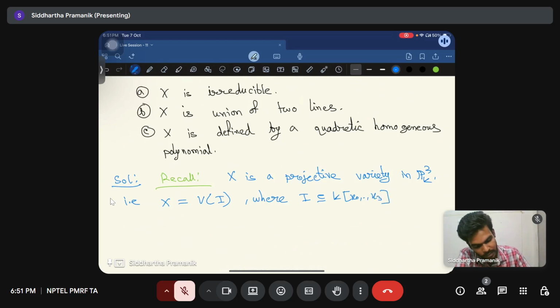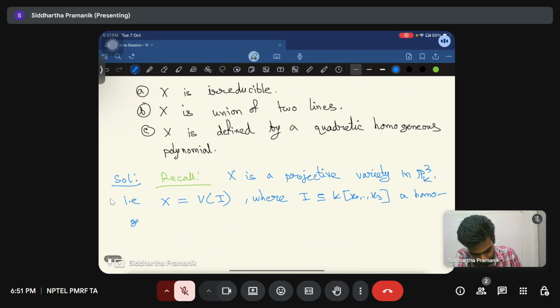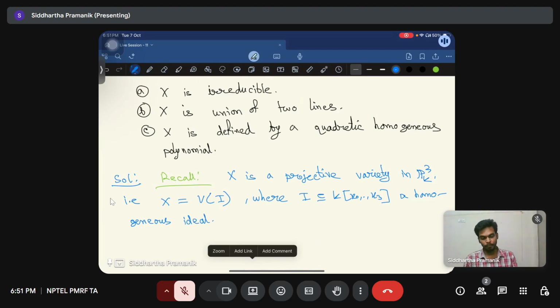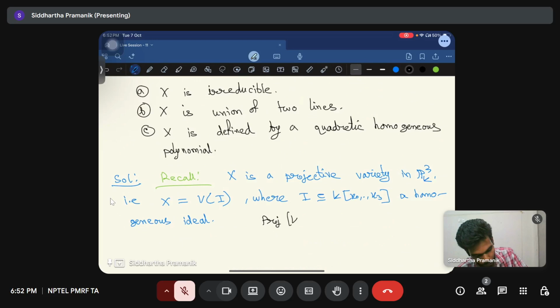So I is a subset of this polynomial ring, a homogeneous ideal, and V of I is basically the subset of proj of this ring K[x0, ..., x3], which is in one-to-one correspondence with P3K.